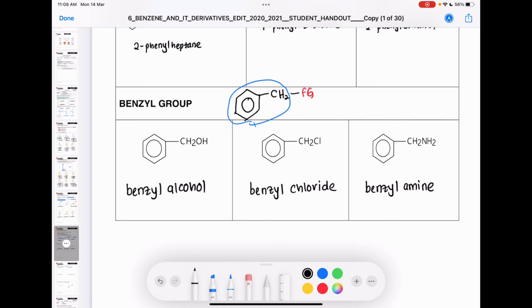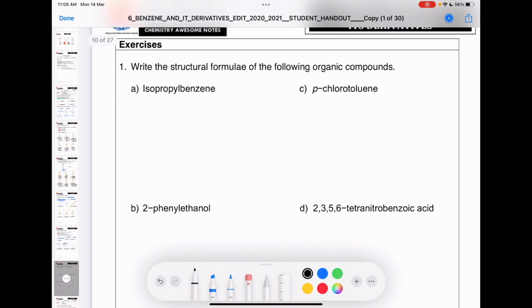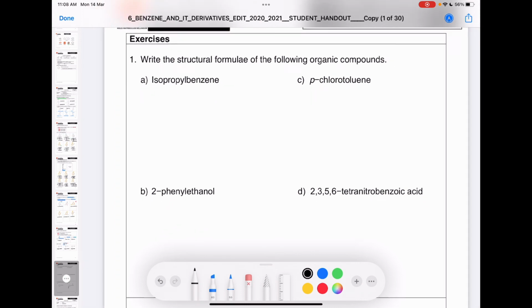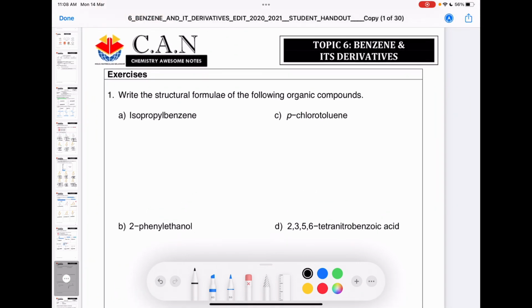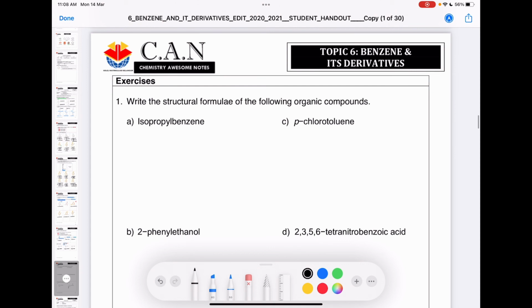So let's take a look at the exercise. Try to do it first and then you see the answer. Here we have benzene as the parent chain, so we draw it first.